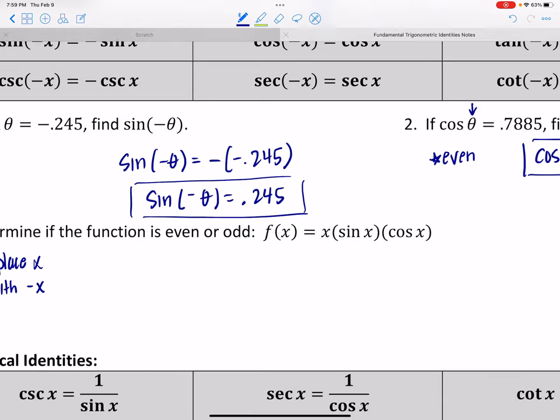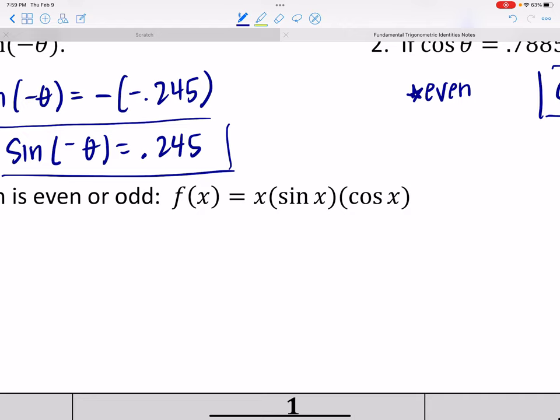So here I have f of x, my function. I want to see what happens with f of negative x. So if I replace this x with a negative x, it's negative x. And then I'm going to multiply by the sine of not x, but negative x. And then I'm going to multiply by the cosine of not x, but negative x. And then see what happens. So let me do some simplifying using identities here.